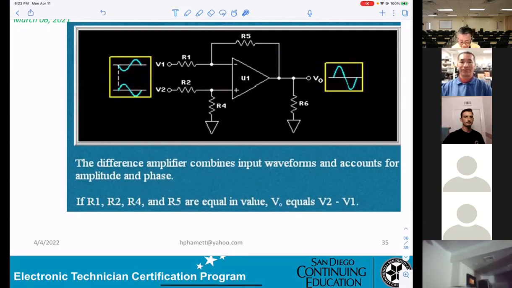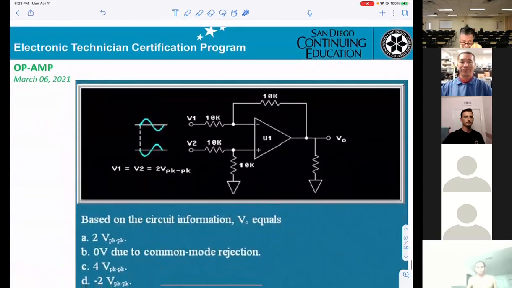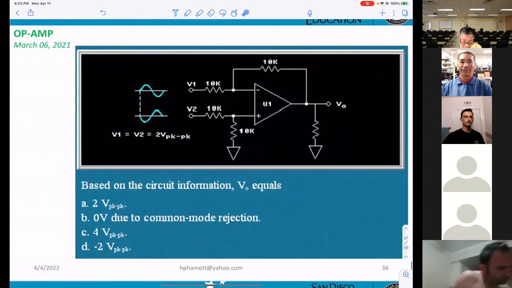In a differential amplifier, Vout will be the difference between Vs positive and Vs negative. Based on the circuit information, Vout equals A or B or C or D. B. V1 equals V2 equals 2 volt peak to peak.